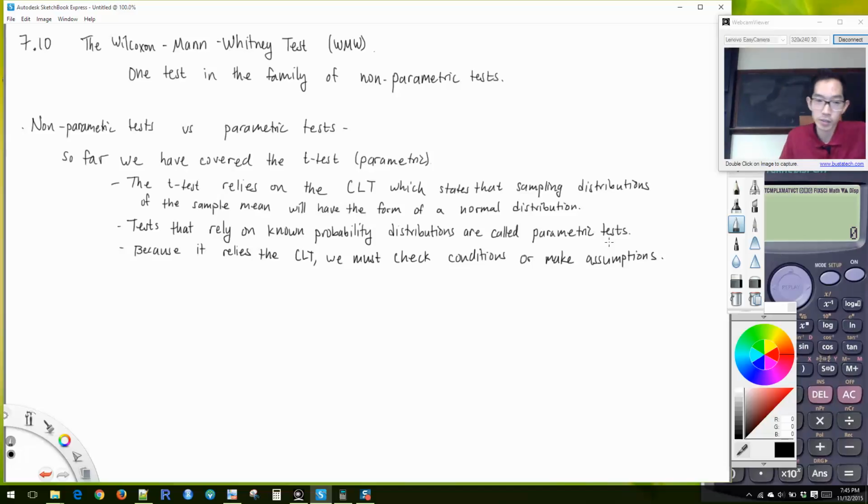Okay, so I'll just briefly write. In particular, the condition is samples must be large enough, or the population is assumed to be normal.